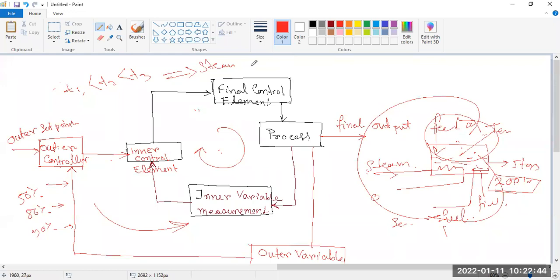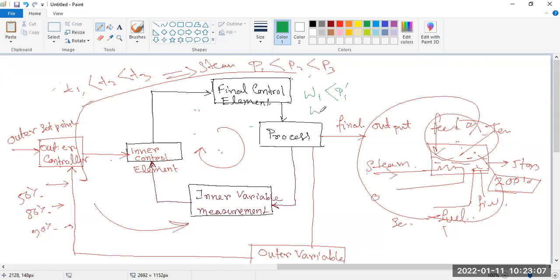then the steam generation must be high. First time that is P1, second time P2, third time P3. So this is also a loop, the outer loop. And if the feed water is changing, say first time feed water is W1, then steam production is P1 dash.